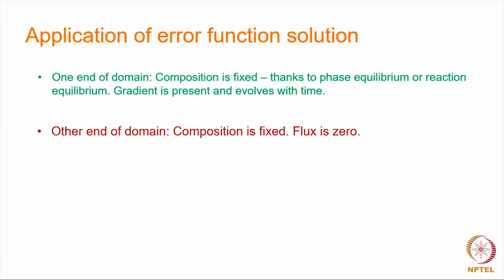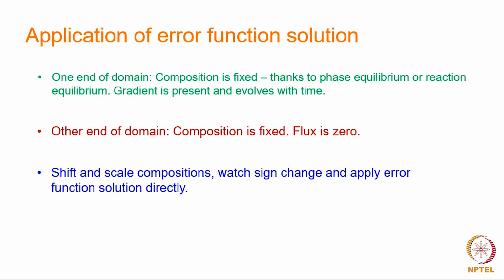So this is the kind of scenario where you are supposed to use the error function, and we can actually shift the scale of the compositions up and down, and also multiply with a factor, so that finally we can use the error function as it is, so that we can use the value of erf of infinity equal to 1 in our problem definition.